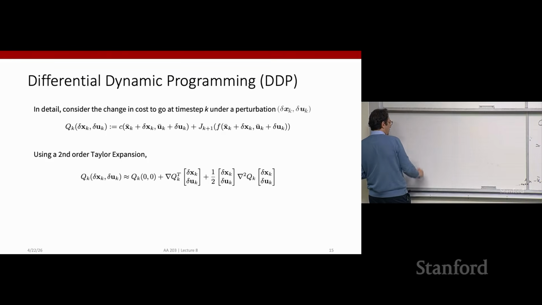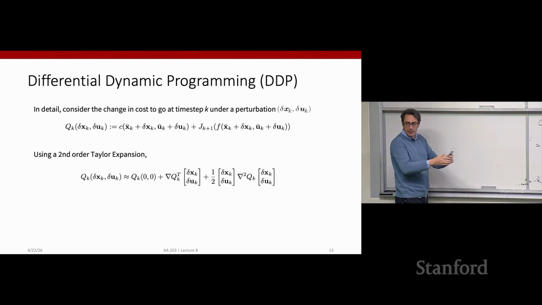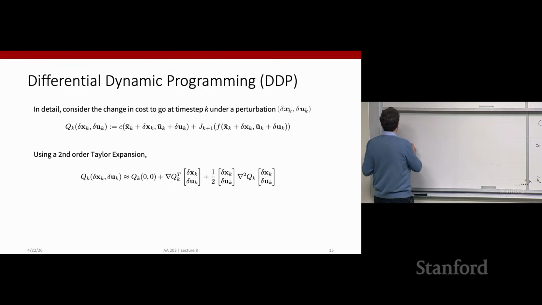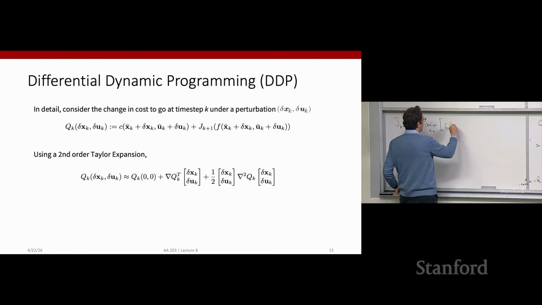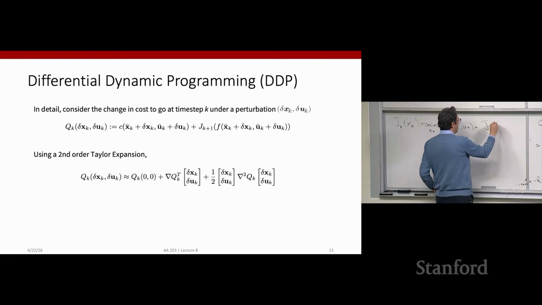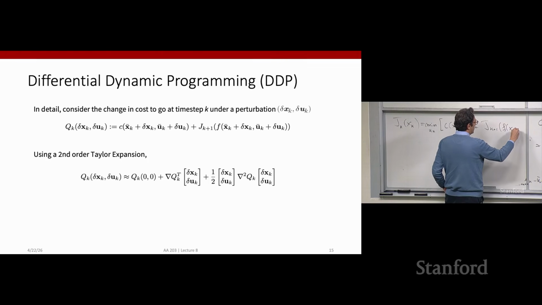In DDP, you directly approximate the dynamic programming equation. Specifically, you remember from last time that the optimal cost at stage k given state x_k is equal to the minimum over u_k of c of x_k, u_k plus J_{k+1} of f of x_k, u_k.